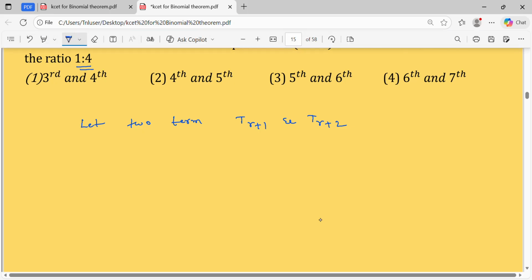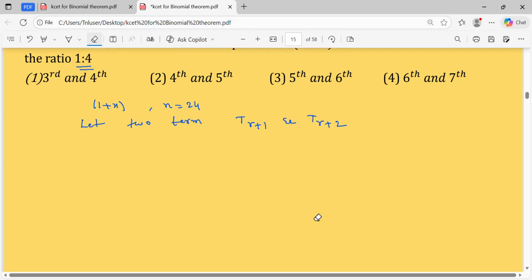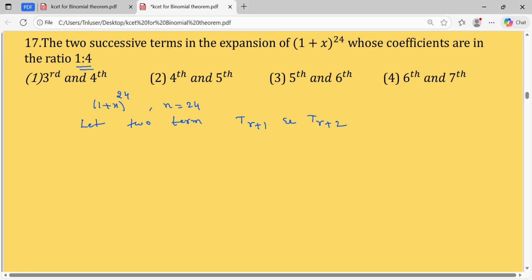In this expansion, what is the n value? 1 plus x whole power 24, n equal to 24. For tr plus 1, the r value equals r only. In tr plus 2, the r value is r plus 1. Now their coefficients are 24Cr divided by 24C(r plus 1).